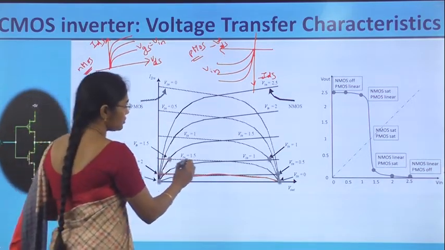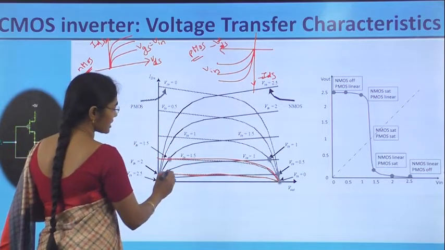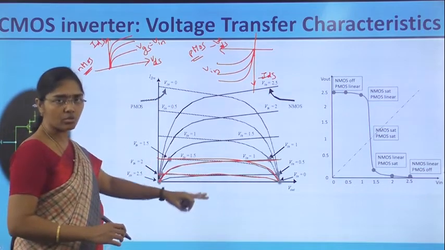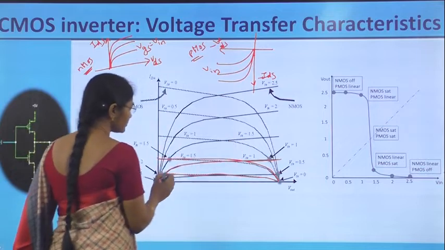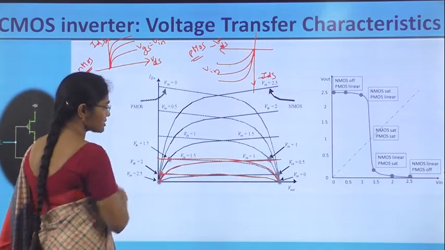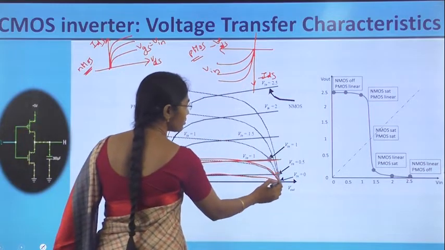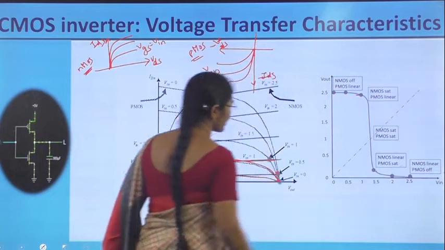These are the PMOS transistor characteristics and these are the NMOS transistor characteristics. Both are overlapped, and taking the intersecting points, the characteristics can be represented like this.